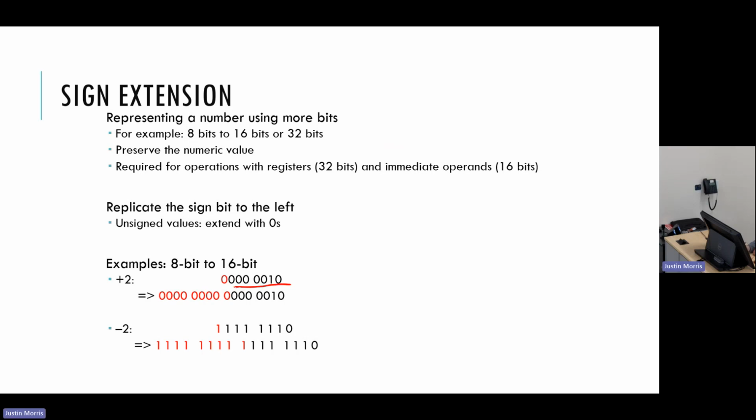This is positive 2. If we want more digits, we just add 0s in the front. This is negative 2. We're a negative number, so if we want more digits, we copy the sign bits. More 1s are in front. Are we good with that?